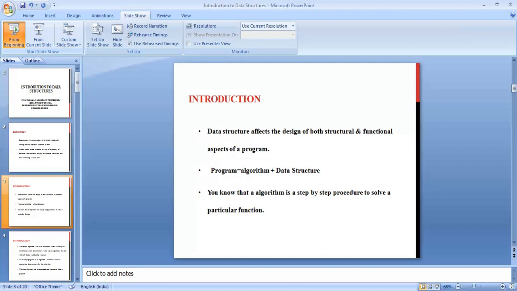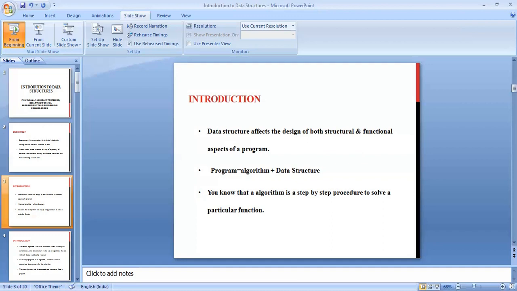The roll number belongs to a particular student. The branch belongs to that particular student. The date of birth also belongs to that particular student or that particular roll number. That is what is explained in this slide.